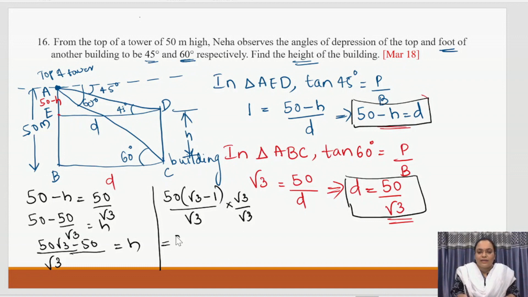So you will get 50 multiplied with root 3 into root 3, which is 3, minus root 3, divided by 3. So 50 times (3 minus root 3) by 3 is the answer. This is the height of the building.